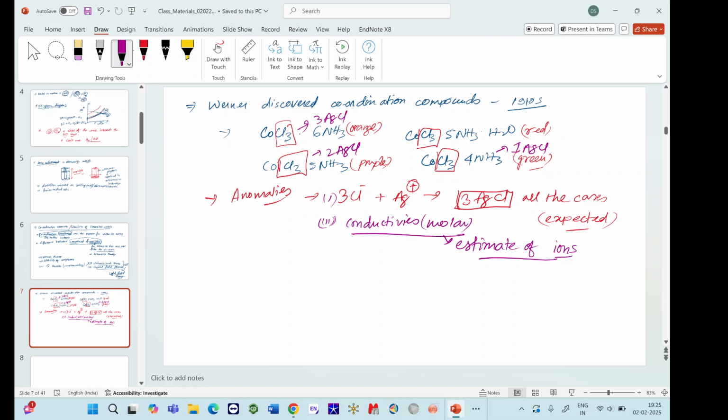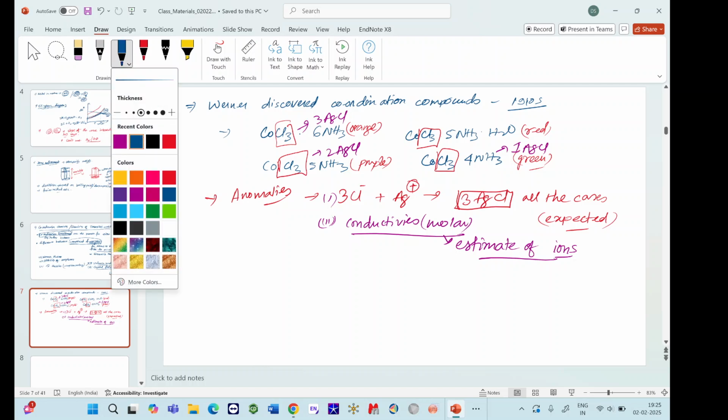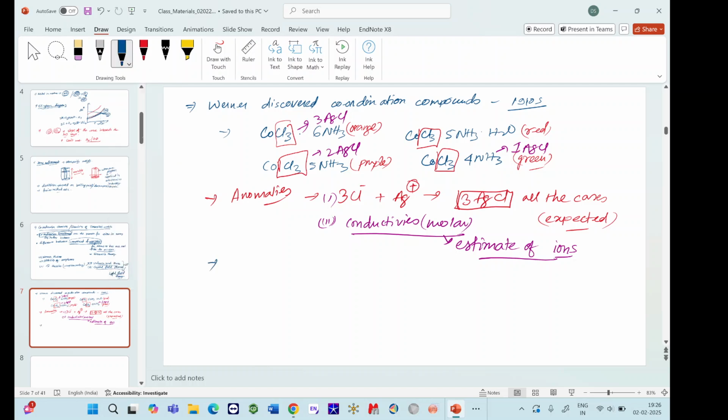So here also he got the same anomaly that was deviating from the expected result. Then he came up with this theory. So he assumed one model, and he came up like this.